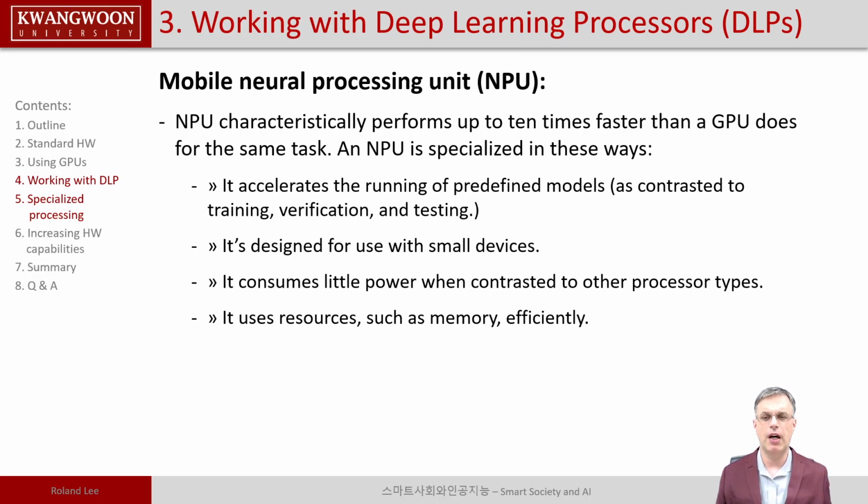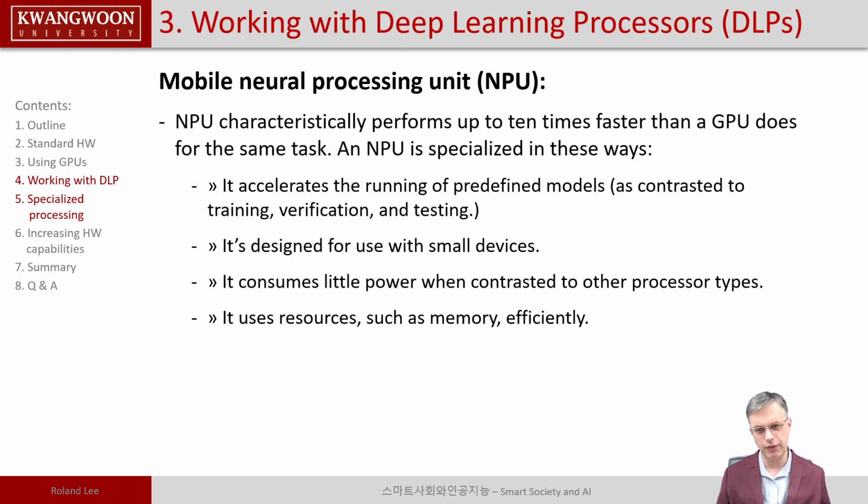You cannot use an NPU for general computing needs because it is so specialized. However, an NPU characteristically performs up to 10 times faster than a GPU does for the same task.